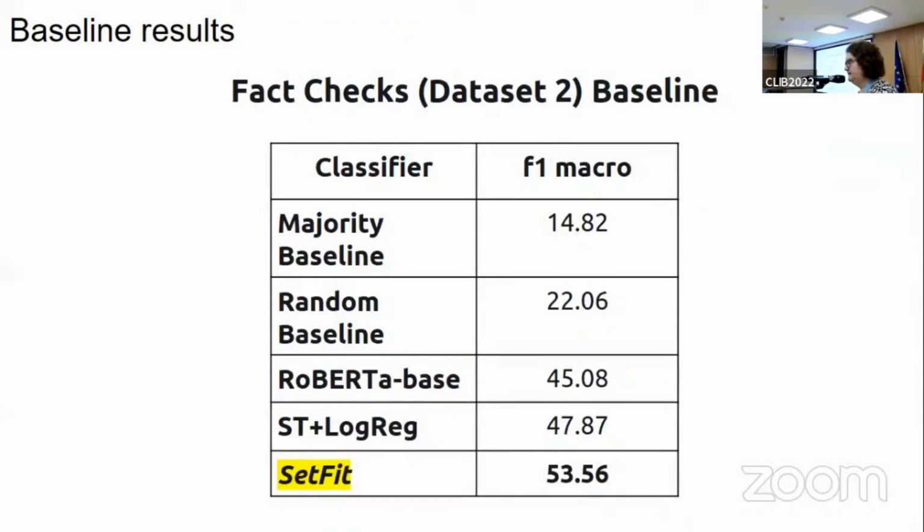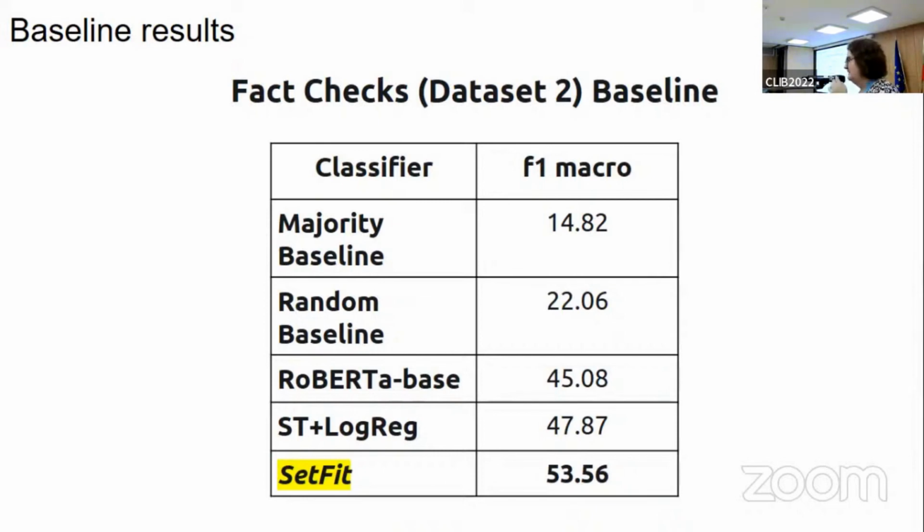So we experiment with this approach compared against standard transformer classifiers on the second data set of fact-checking articles, where the data is more representative of real-world misinformation. And we use a random and the majority class prediction as our baselines, along with a sentence transformer plus logistic regression classifier. And we can see that under the same experimental conditions, the SetFit method outperforms the transformer model.